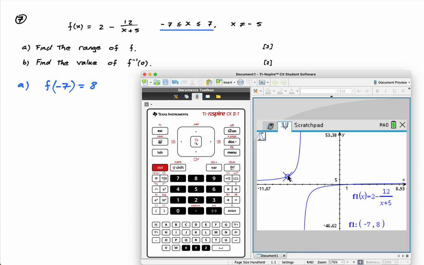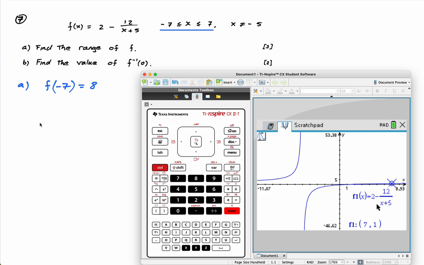So the range here is going to be 8 to infinity, and the range in this negative branch, or this second branch, if you like, is -infinity to whatever f of 7 is, because remember we're going from -7 to 7. So that's -7, and 7 will be here. It's 1.